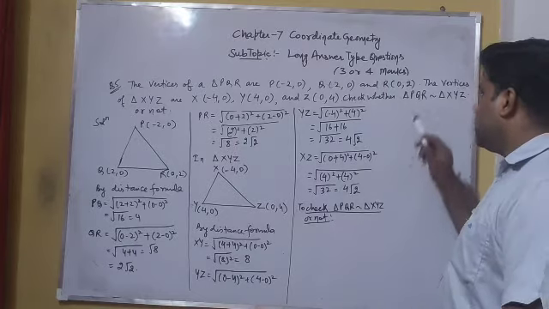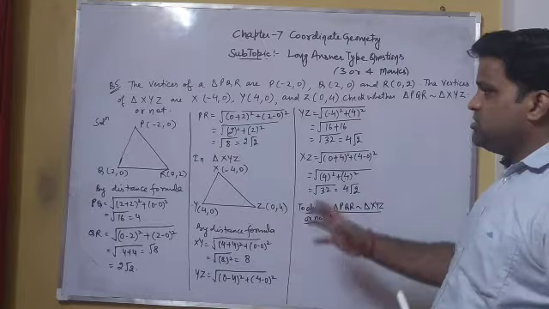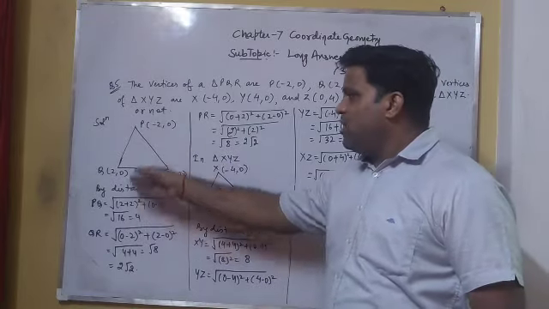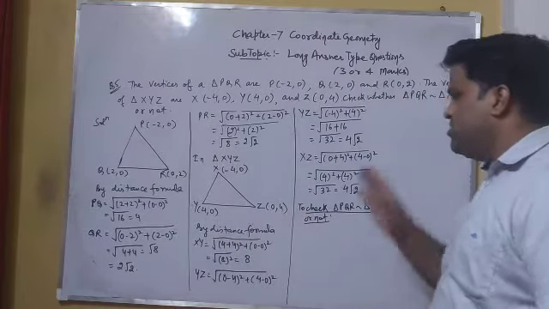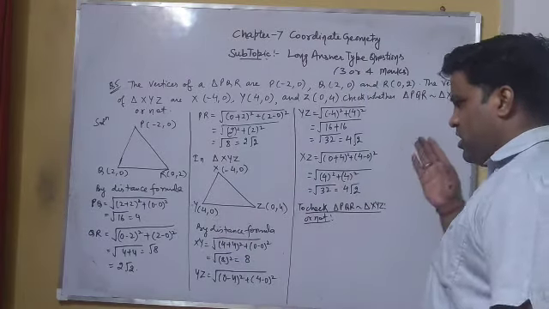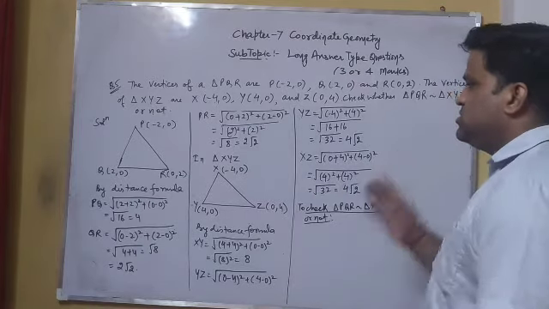Now here we have to check whether triangle PQR is similar to triangle XYZ or not. For this we will find the ratios of the corresponding sides of the two triangles. If these ratios are equal, then by SSS similarity we can say that the two triangles are similar.